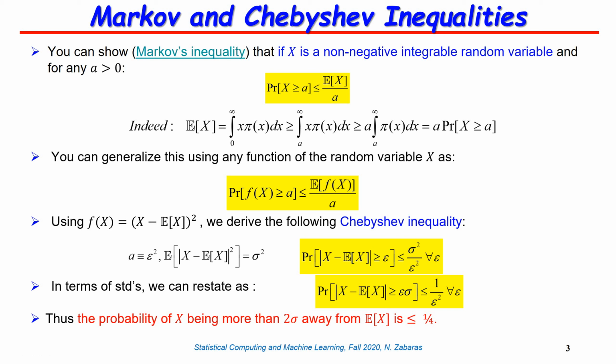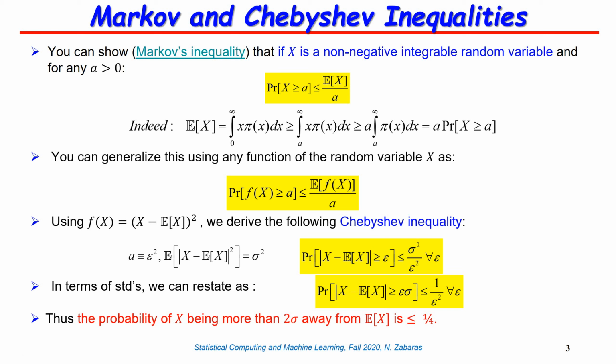If you check the literature, you will find many different inequalities similar to the ones that you see here. The only message that I want to pass along is you have to be careful, don't be very excited when you see these inequalities. If we go to our first Markov inequality on the top, we see that this probability is bounded from above by E of x over a, so you like this E of x over a to be as small as possible.